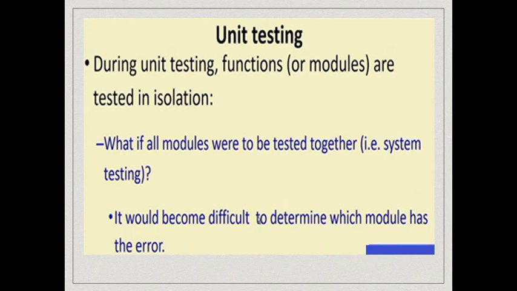Now let us first look at unit testing. Here the units are tested in isolation. The units can be functions or modules, but the question is why not test all the modules together? Why do we do unit testing? The reason is that if we do not do unit testing, it would be difficult to determine which module has the errors. In unit testing, we are testing only a small unit and we know that the bug is there.